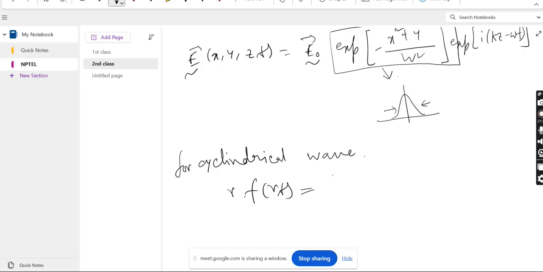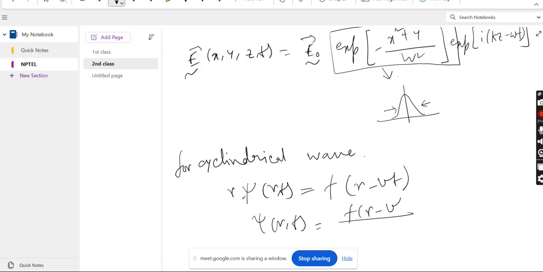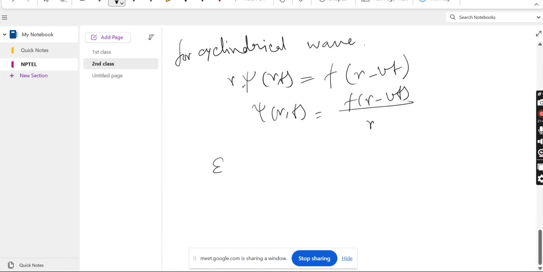R times the function should be a function of r minus vt. Or, to get rid of any confusion, let us write it as r times psi. Psi is the wave function, should be a function of r minus vt. So basically psi should be a function of r minus vt, divided by r.